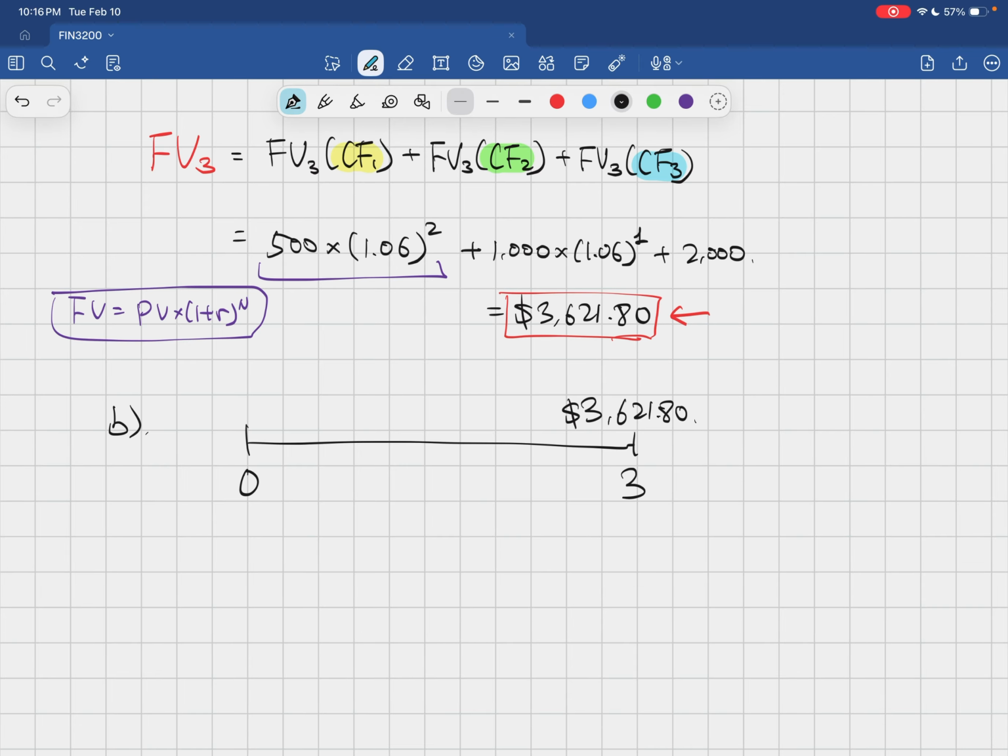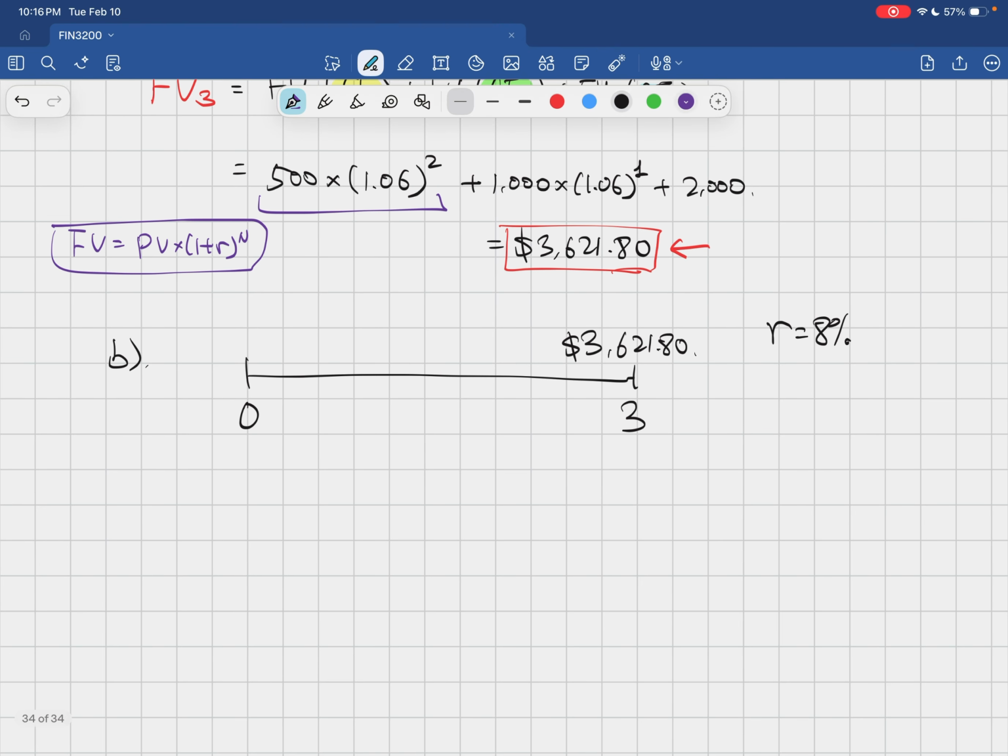Okay? And we have a new rate of return. Your parents can earn an 8% return per year. Okay? And we're trying to solve for how much did they have to put in today at a rate of 8% return so they can reach this amount in 3 years.